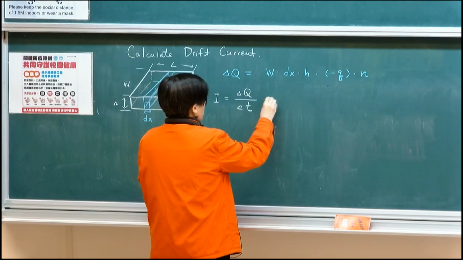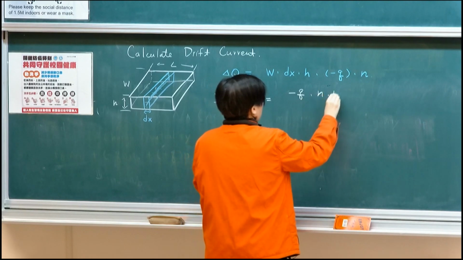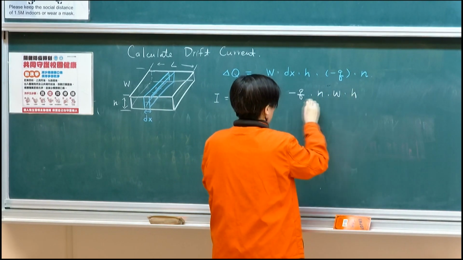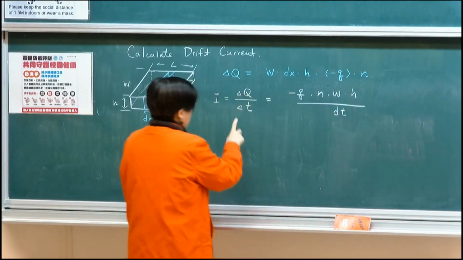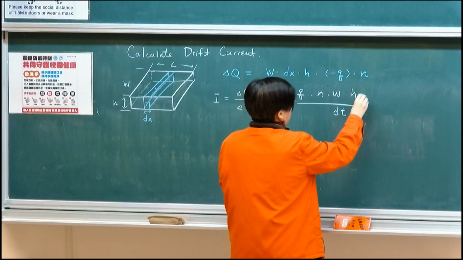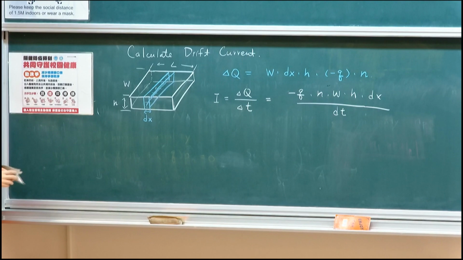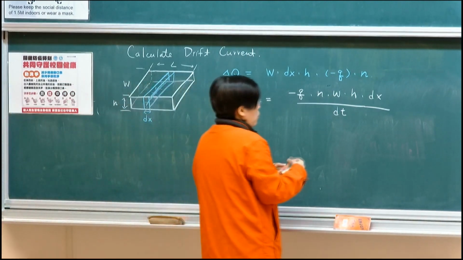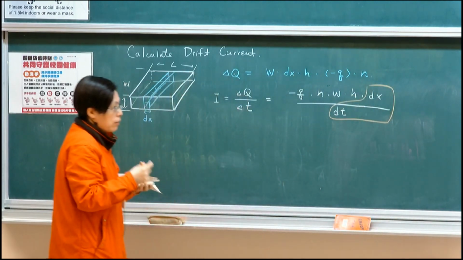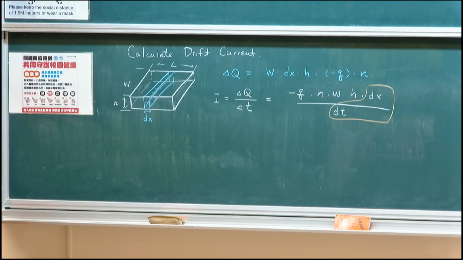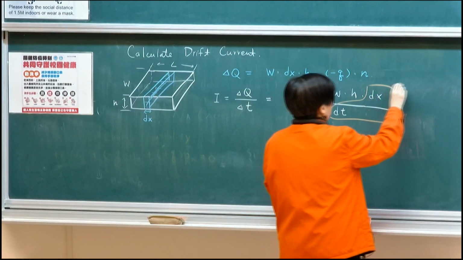So this will then be minus Q times N W H dx over dt, changing the time into dt. So what do I get is this term. What is dx dt? Velocity, correct. This is the velocity.